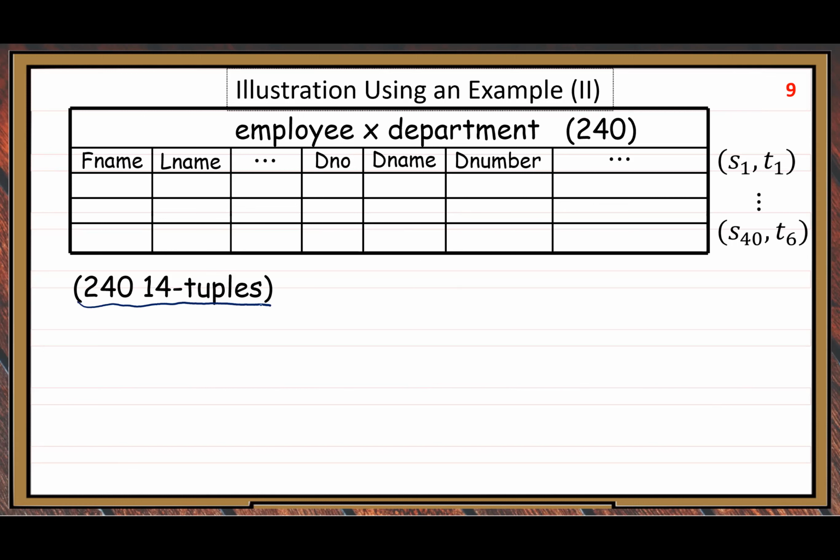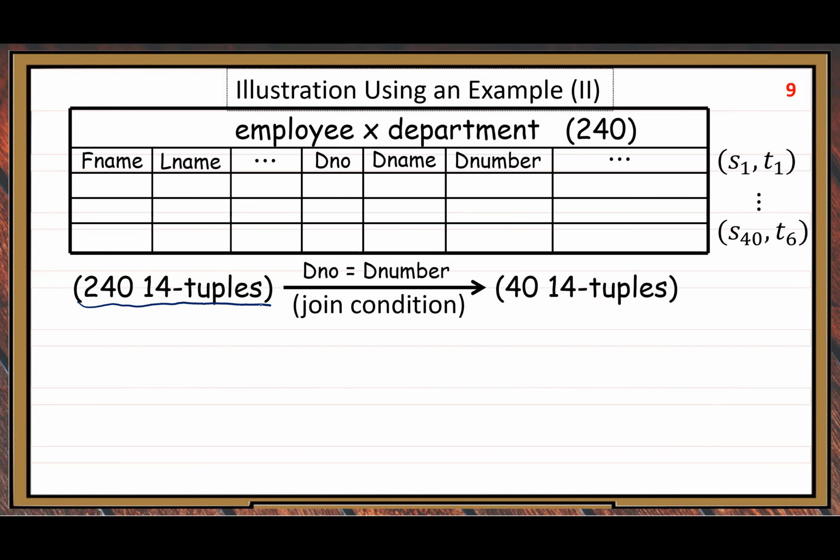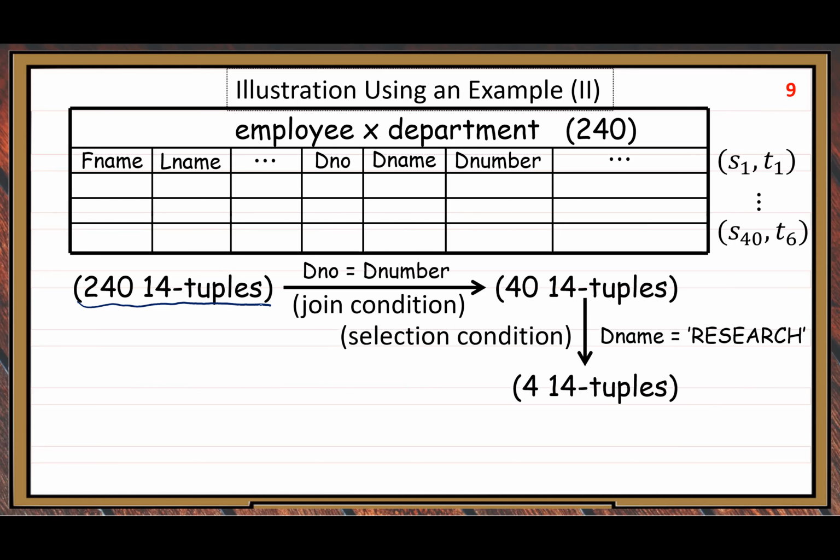Then you apply the join condition, D no equals D number, the first round. In the second round, you apply the selection condition, and only a few tuples remain: the surviving tuples, only 4.